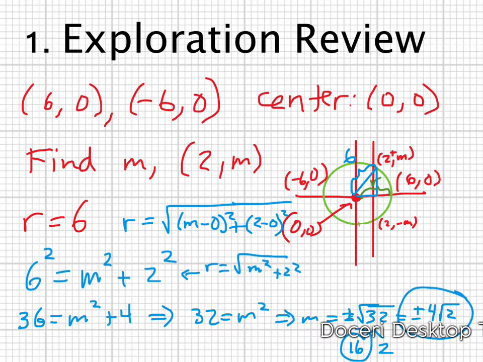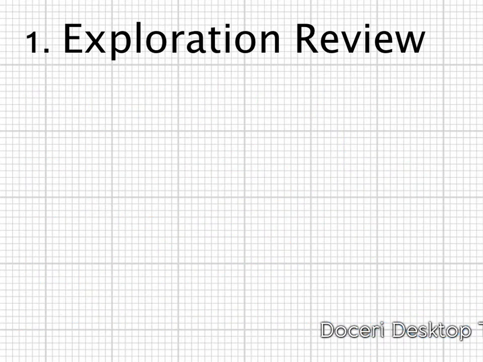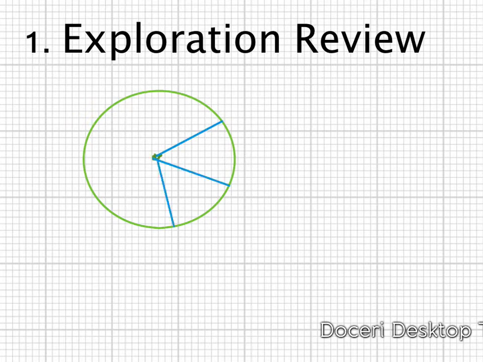We did a little bit more introductory investigation on that. We noticed that all the points on the circle are equidistant from the center, meaning that if I choose some point on my circle and I look at my center, the distance from the center to any point on my circle will always be the same.